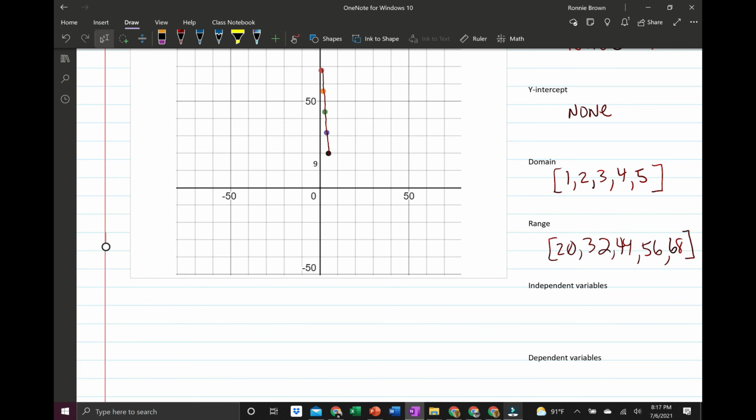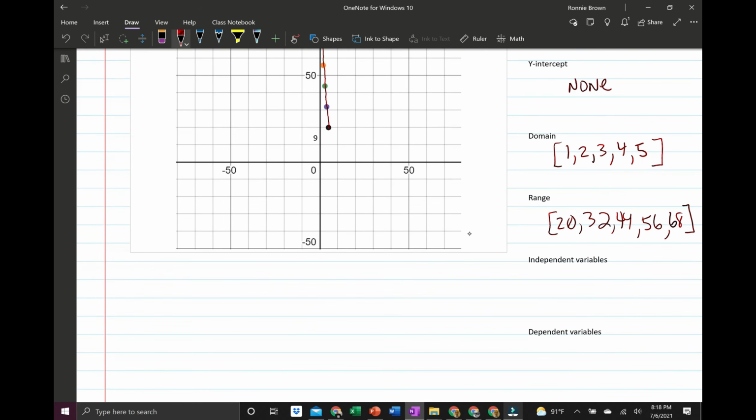So I'm thinking that the level of water in the pool, the depth of water in the pool, depends on how many minutes elapse. Doesn't that make sense? The level of water in the pool, how much water the pool has, is dependent upon how much time has elapsed, how many minutes have gone away. So therefore, our y is the dependent variable, right?